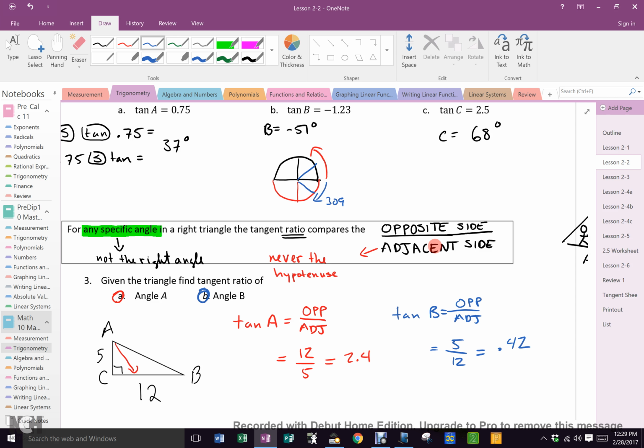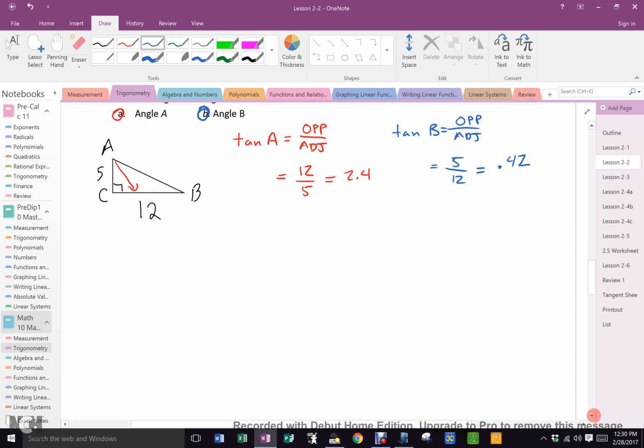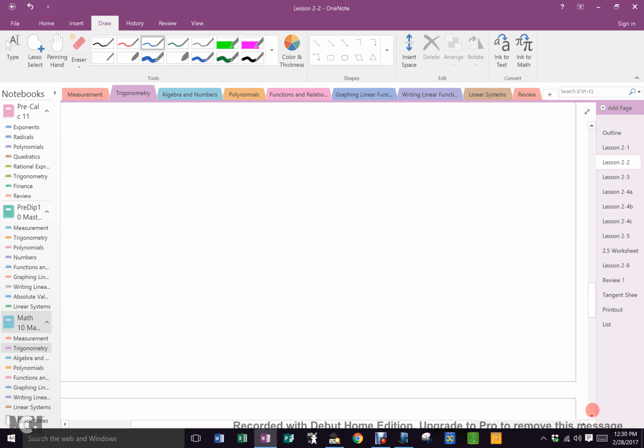But what doesn't change? In this triangle, what's the one side that doesn't change no matter where I go? The hypotenuse is always the hypotenuse. Is everybody cool with this? We're going to do some work with it. If you're a little overwhelmed right now, you don't need to worry.